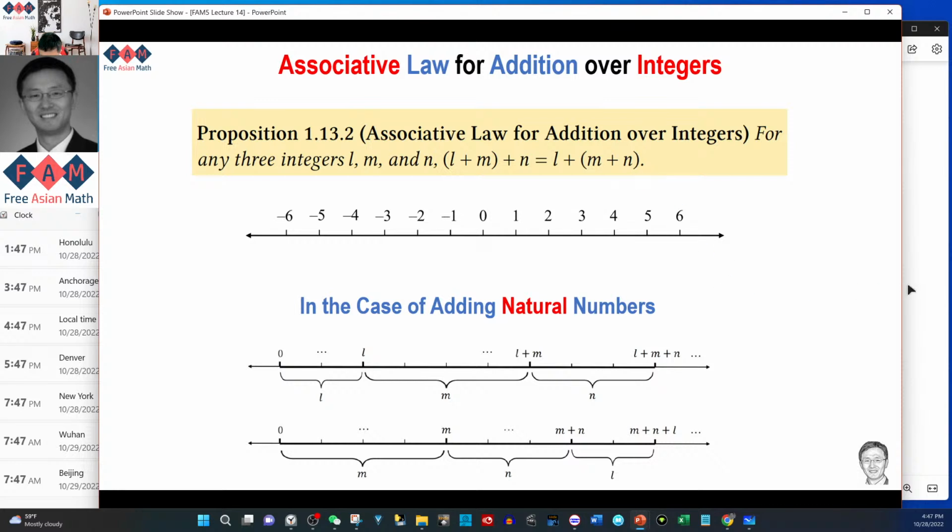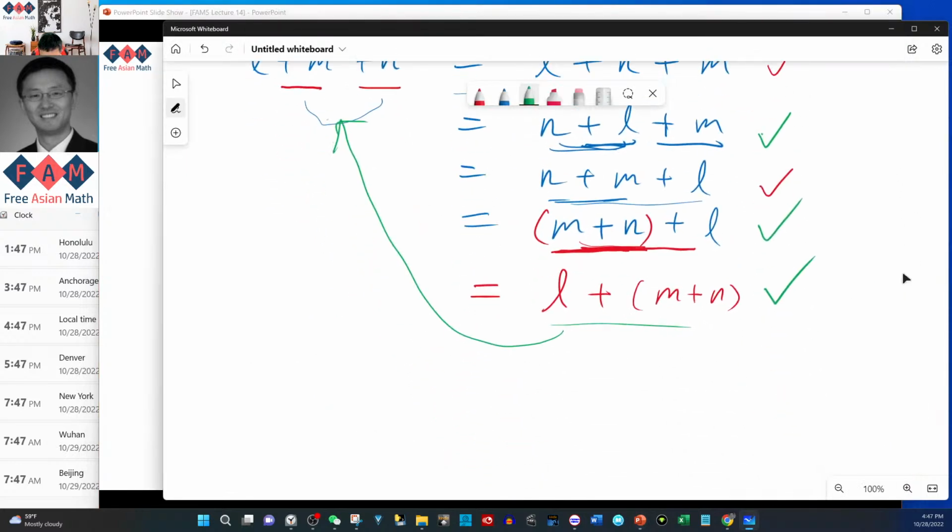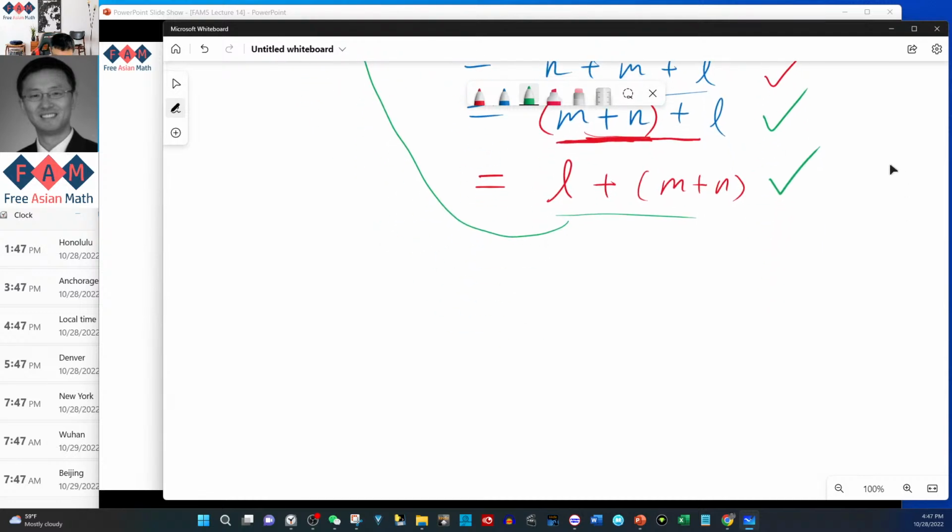I hope this cannot be emphasized enough. Otherwise, everything will become seemingly trivial. Why are we doing this in the first place? Why is the associative law important?